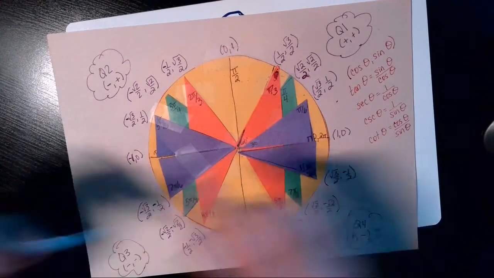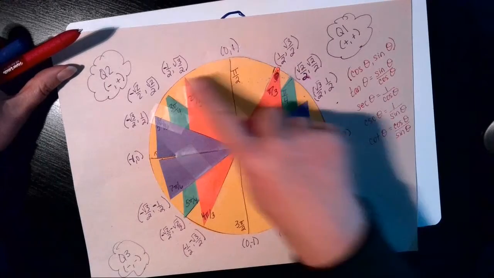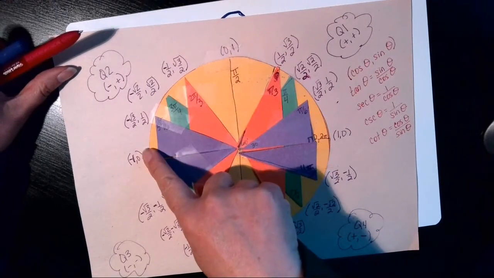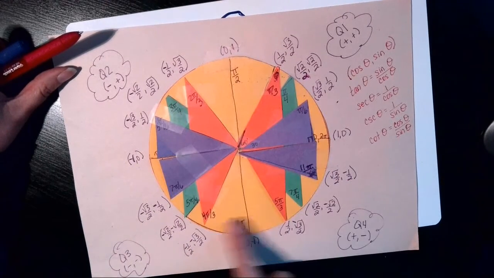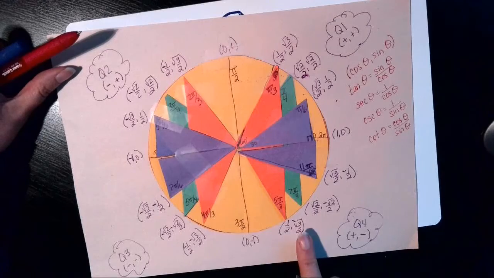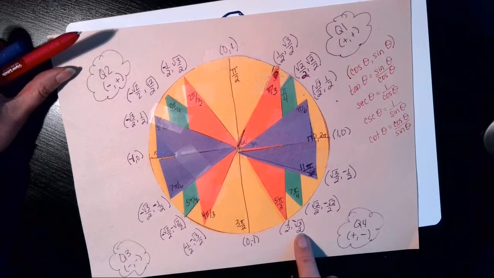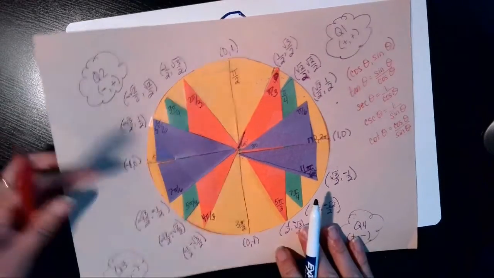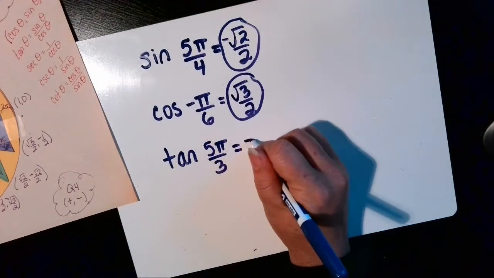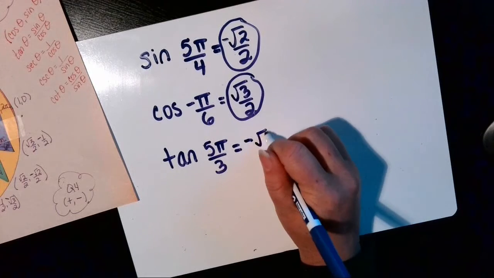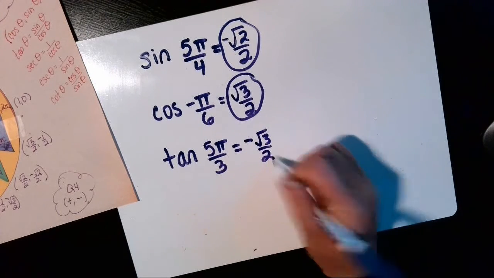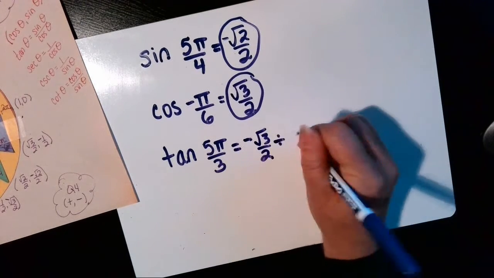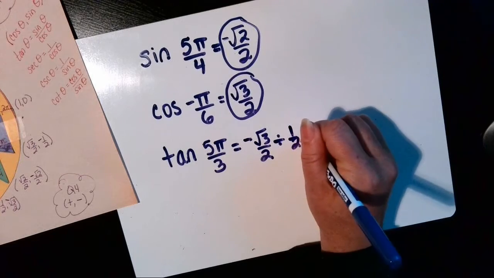So if pi over 3s are the orange, this is 1 pi over 3, 2 pi over 3, 3 pi over 3, 4 pi over 3, 5 pi over 3. And to find tangent, this ratio is going to be the negative root 3 over 2 divided by 1/2. So we'll write out that ratio, negative square root of 3 over 2, that's the y coordinate, divided by positive 1/2.